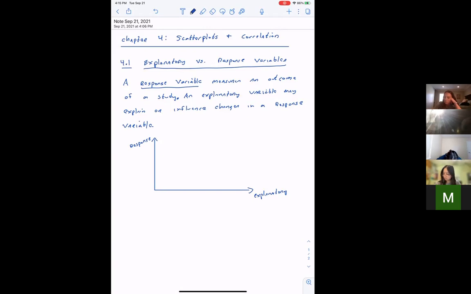So 4.1 is the idea of explanatory versus response variables. 4.2 is on displaying relationships, in particular scatter plots. Now, in the last few chapters, we talked a number of times about displaying various relationships.